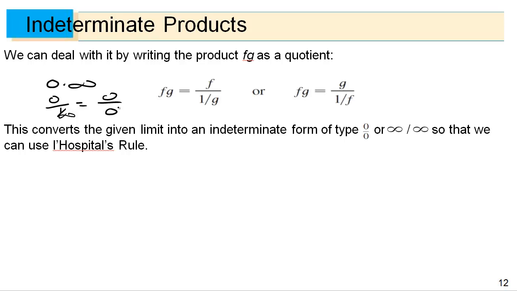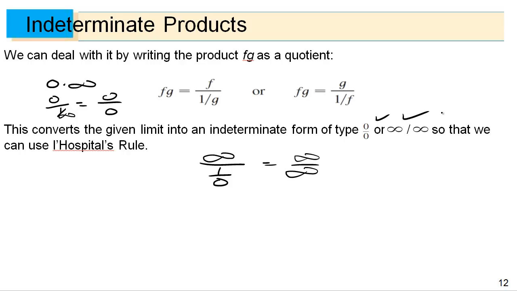And then you get the indeterminate form of 0 over 0. Or you could go the other way, and you could think of infinity divided by 1 over 0, right? We're just flipping this one, we're dividing by its reciprocal. And if you divide by 1 over really, really small numbers, then this ends up being infinity over infinity. So you can see that we can turn it into either of these two forms.